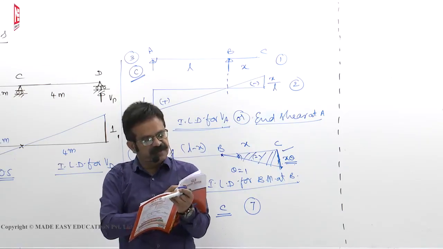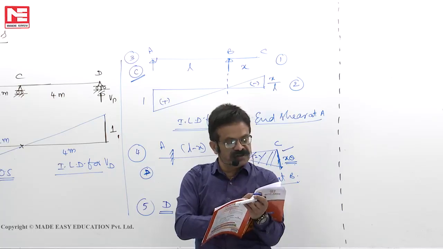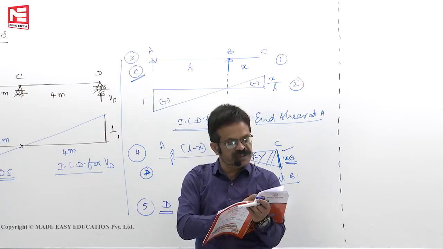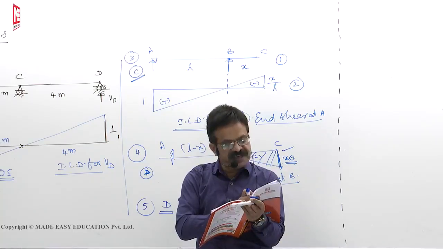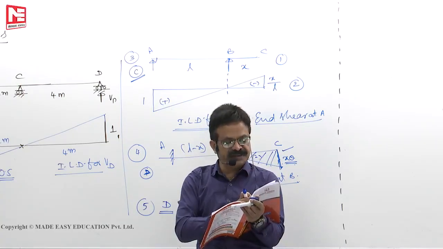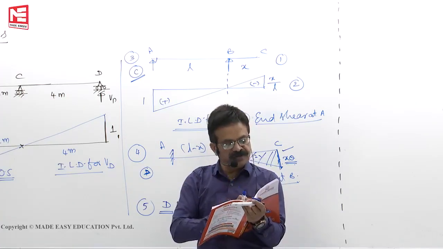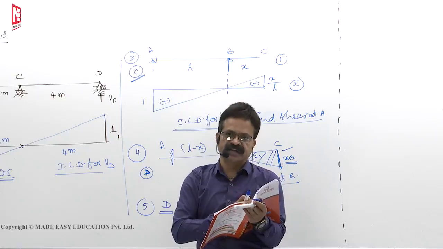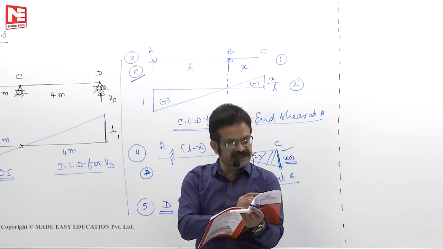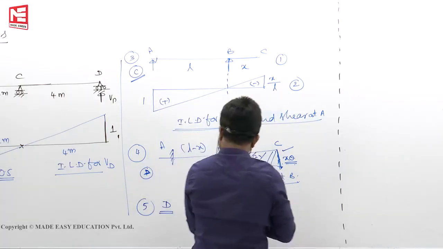Third one: bending moment diagram and shear force diagram show the moment or shear values at all sections of the structure. Correct. The influence line diagram for bending moment or shear force is always drawn for a moving point load and for a particular section only. Correct, same thing explained earlier. So three statements are correct: 1, 2, 3.